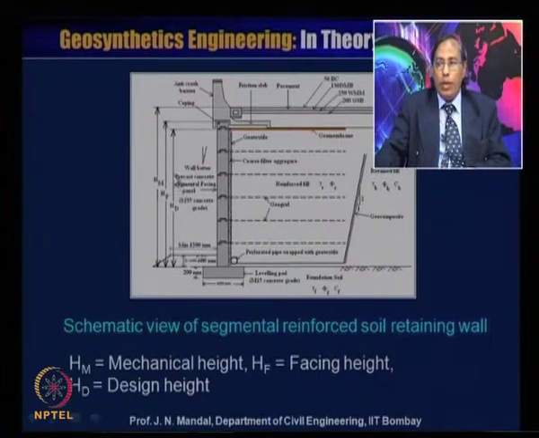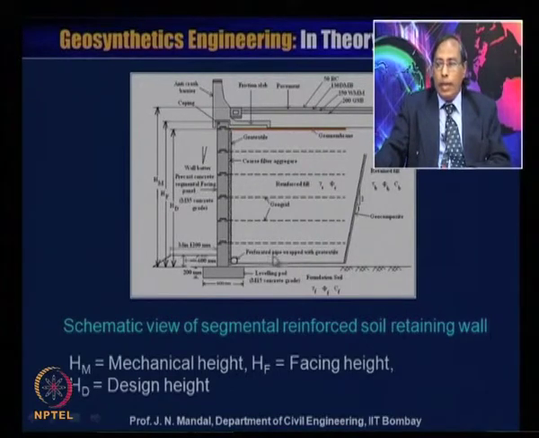And precast concrete segmental facing panel, for which the M35 concrete grade is required. Also at the base you require a leveling pad. First of all you have to construct a leveling pad, which will be about 600 millimeter in width, and this also will be 200 millimeter, and you have to provide the minimum embedment depth, which will be about 1200 millimeter.